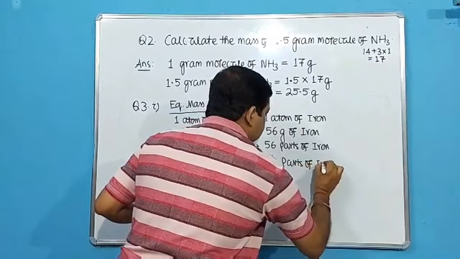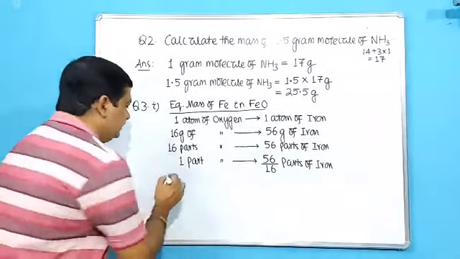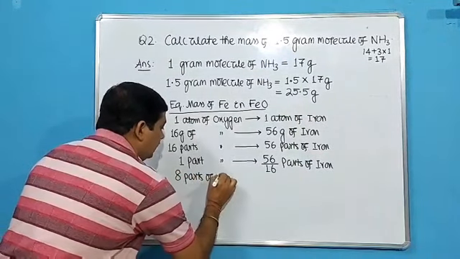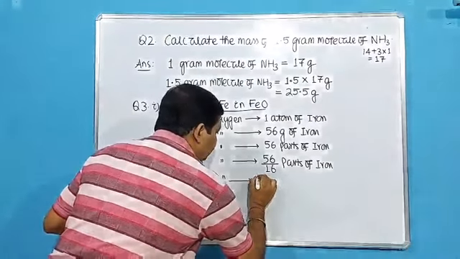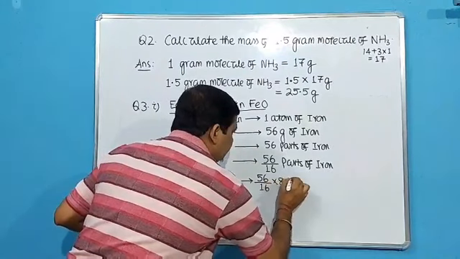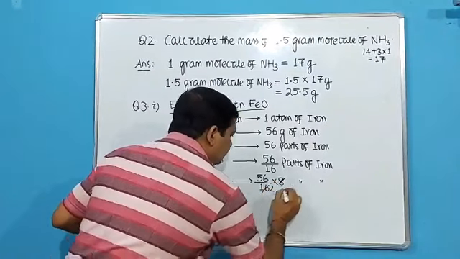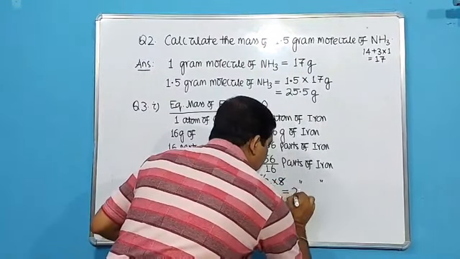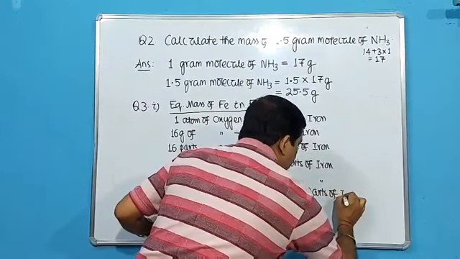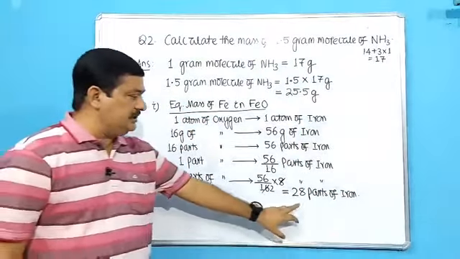And as per definition, how many parts of oxygen is required? Now 8 parts. So 8 parts of oxygen will combine with 56 by 16 into 8 parts of iron. If I solve it, it will be 28. So 8 parts of oxygen combines with 28 parts of iron.